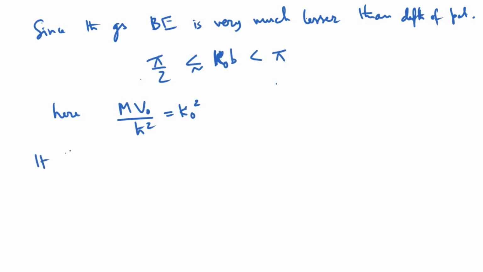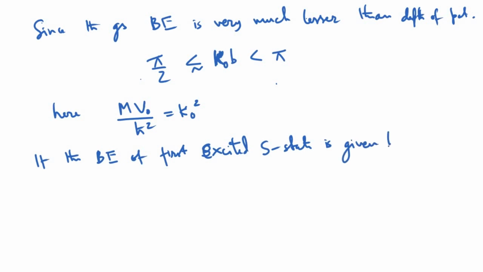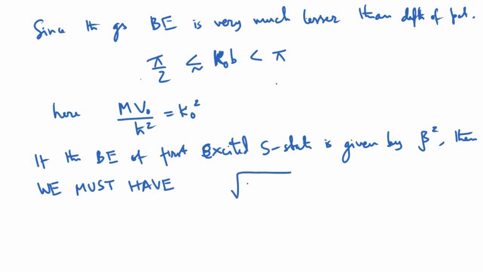However, if the binding energy of the first excited S state is given by beta square, then we must have root over K0 square minus beta square, this thing, greater than 3 by 2 pi.